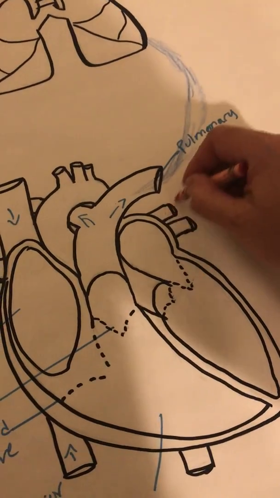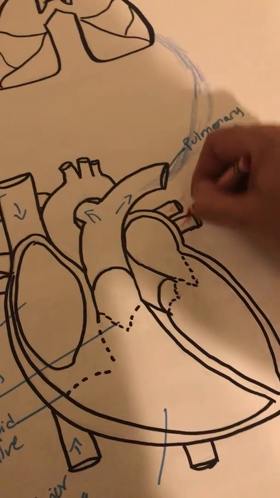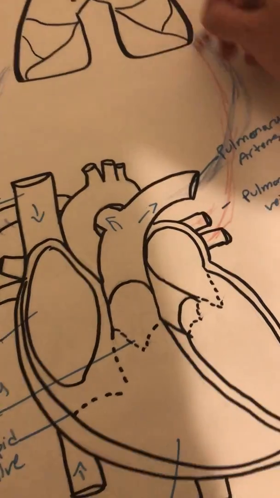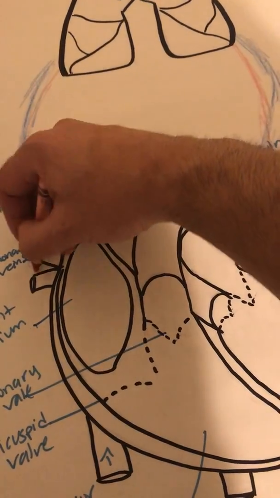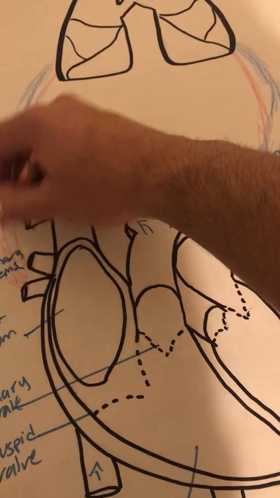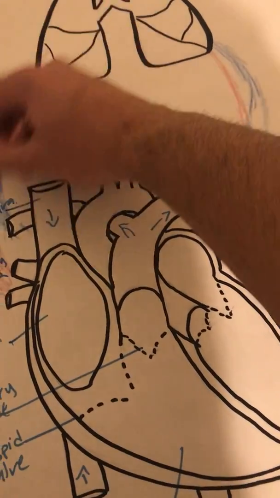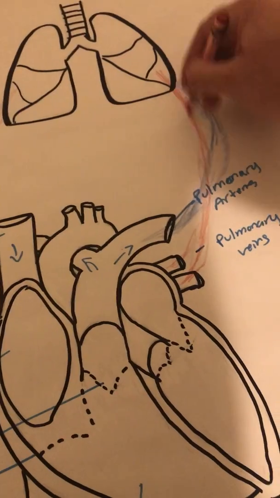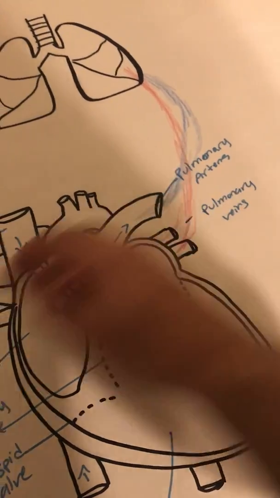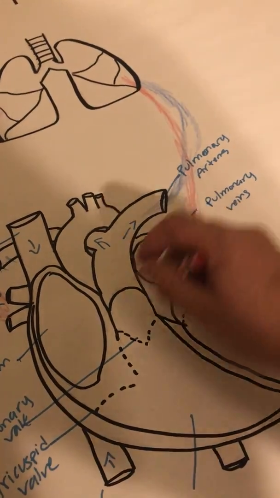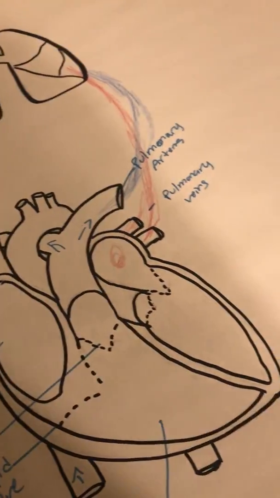And this will be our red blood, because it's oxygenated and it's rich blood, we call it, I guess. And it's coming also from both right and left lung. And it's going into here, which is my left atrium.